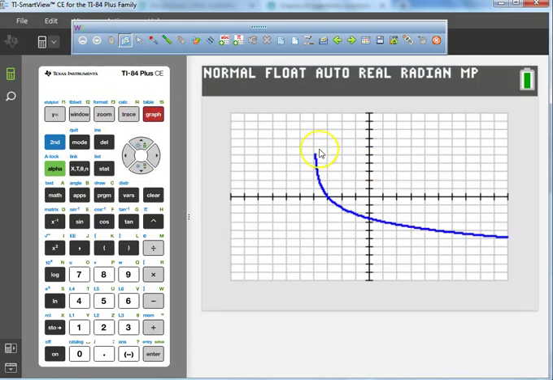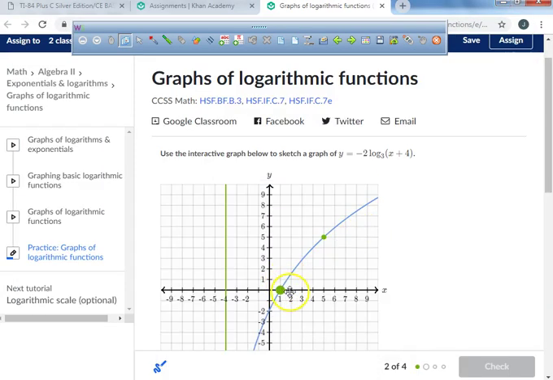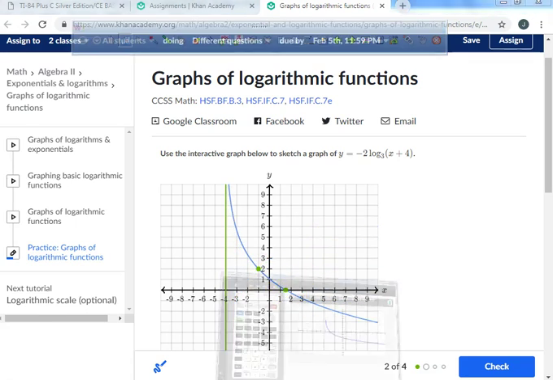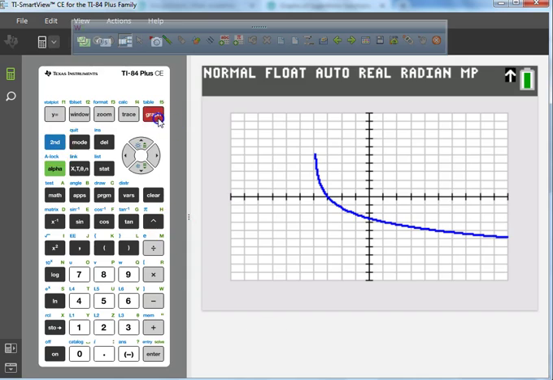This is what my graph's going to look like, except it should keep going. The graphing calculator kind of cuts it off. Okay? So that's what we're going to do. So we're going to go back, and we're going to use negative 3 and 0 and negative 1 and negative 2. Check my table.